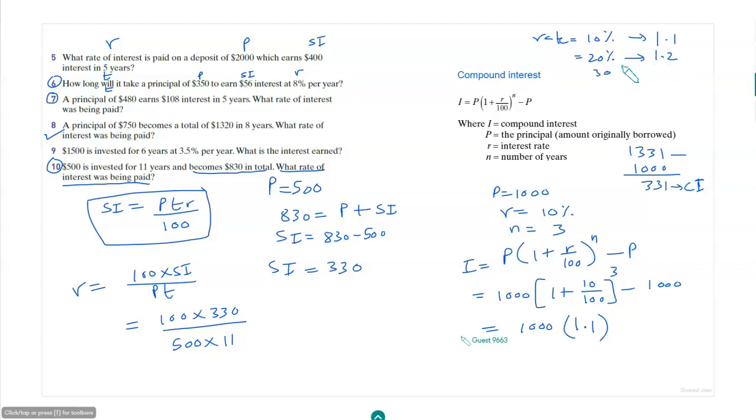If the rate is 30%, it becomes 1.3. If the rate is 5%, it becomes 1.05. Very good. If the rate is 7%, it becomes 1.07. What if the rate is 6.5%?